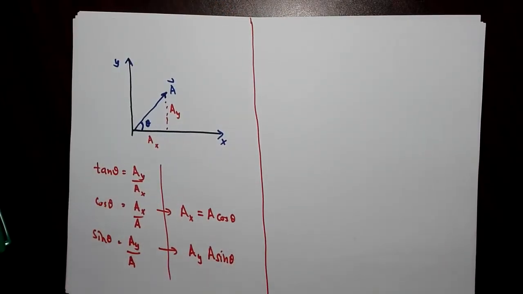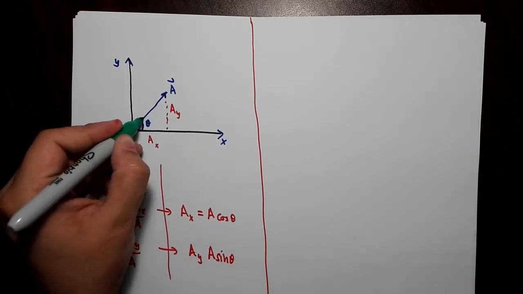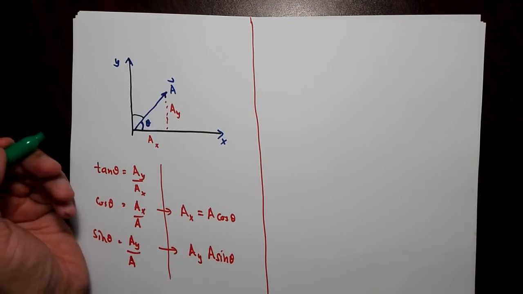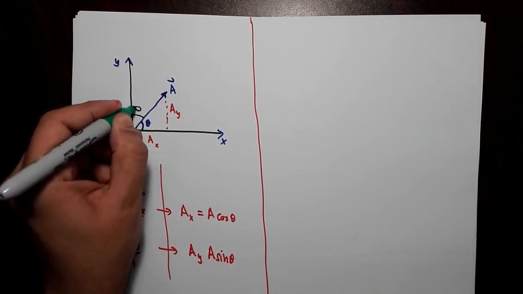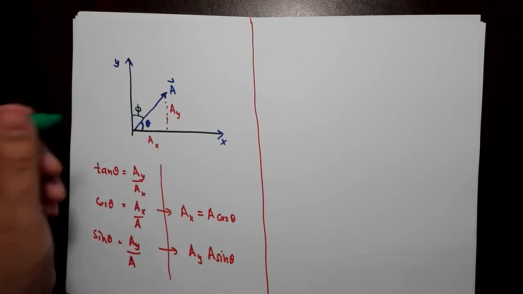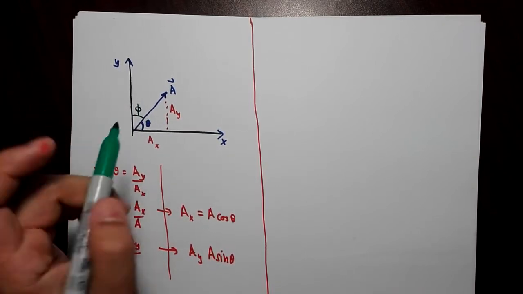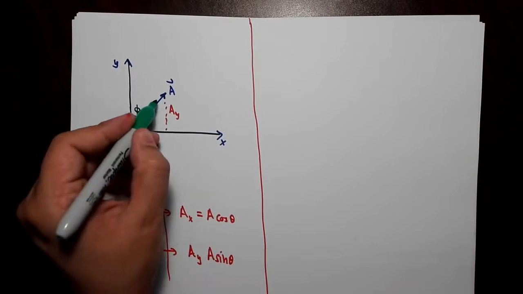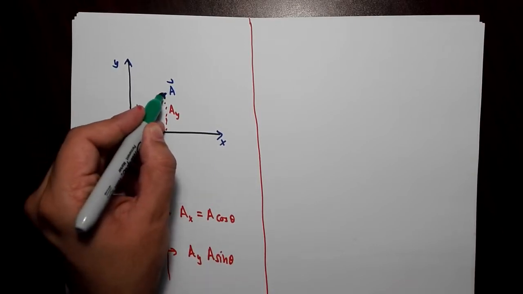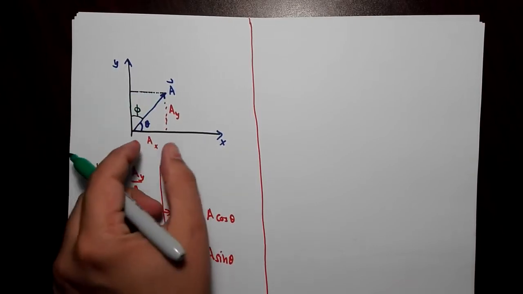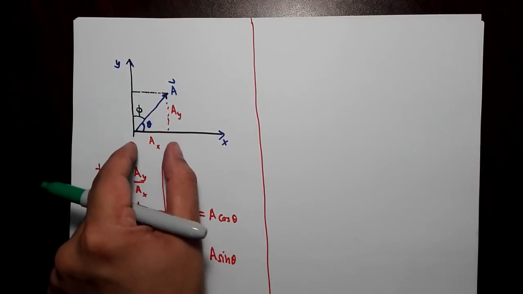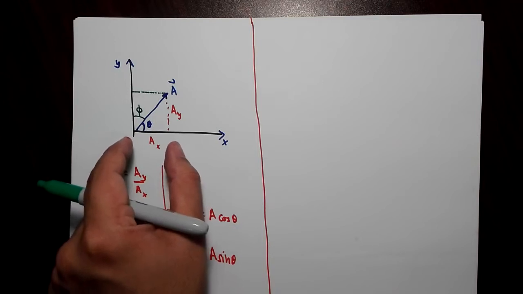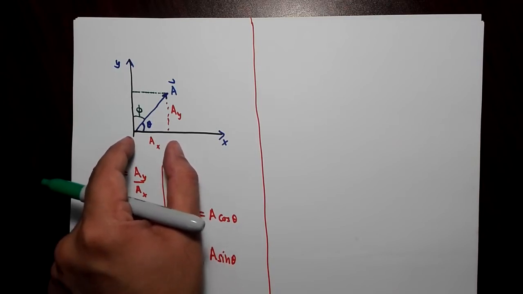But let's say instead of choosing theta, I choose alpha. Let's call this phi, that's the next common symbol. Now let's say that you choose this angle phi instead of theta. Your Ax component is going to stay the same.